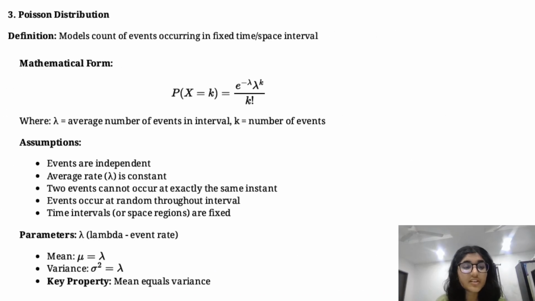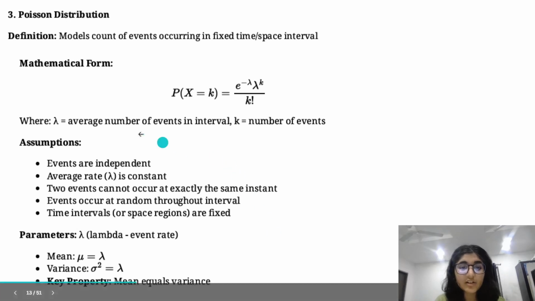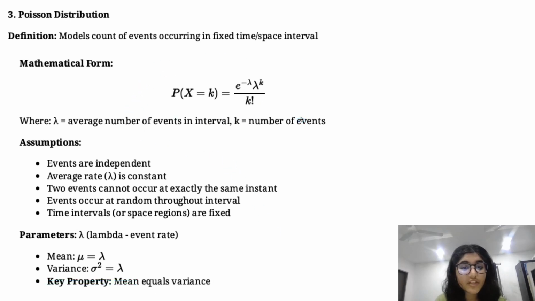Now the third is the Poisson distribution. It models the count of events occurring in a fixed time or space interval. The mathematical formula is given here, where lambda is the average number of events in the interval and k is the number of events.